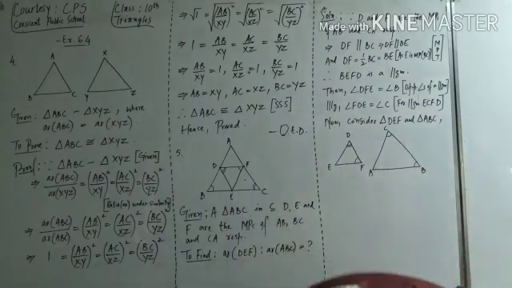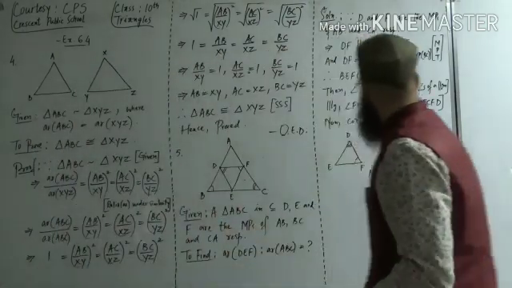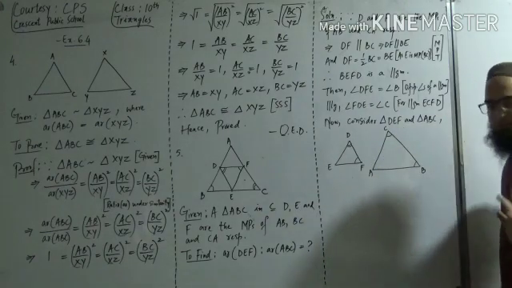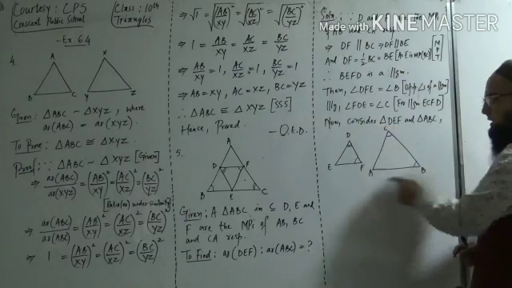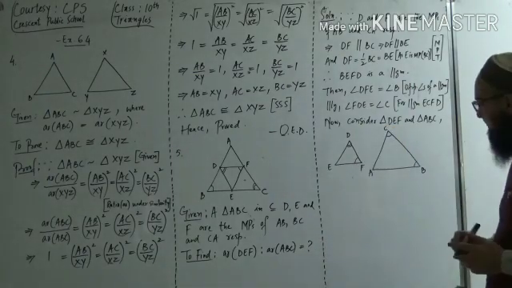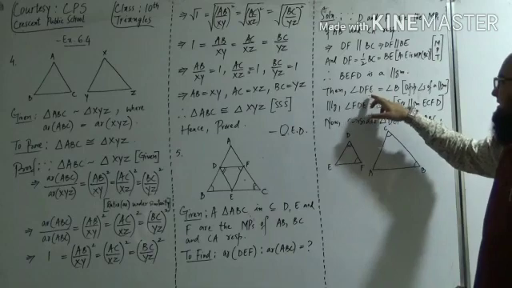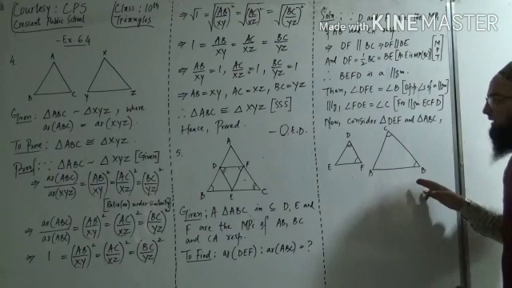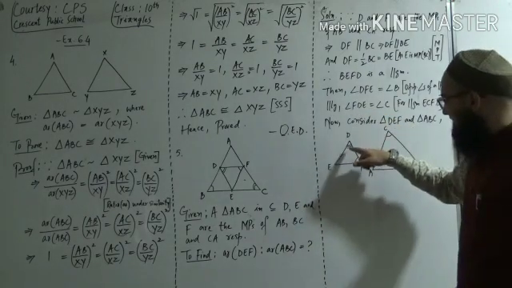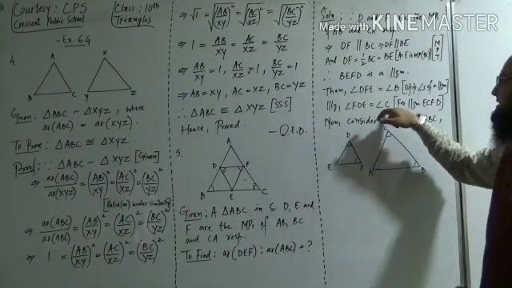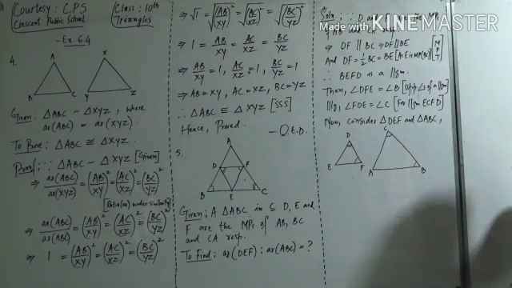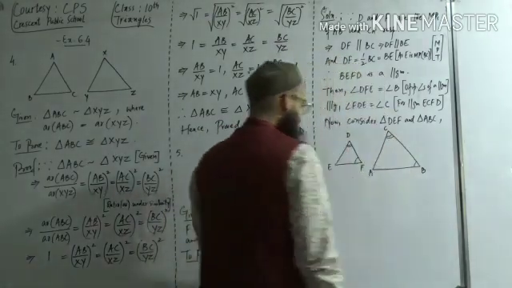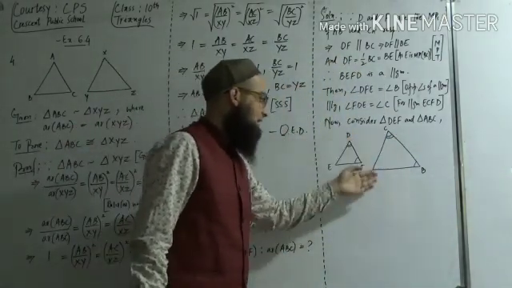Why did I write like this, ACB, not ABC in the usual form? Because my corresponding angles are DFE and angle B, so this angle must correspond to this angle, so I wrote B here. The next one, FDE, this angle must correspond to this angle, so I wrote C here, because FDE is equal to C. Hope you understand that. Angle F is equal to angle B and angle D is equal to angle C in this case.